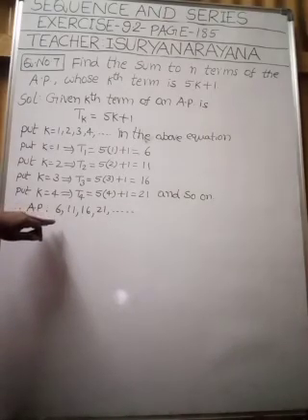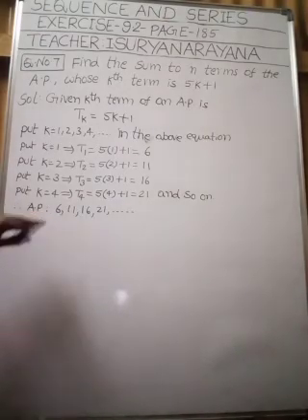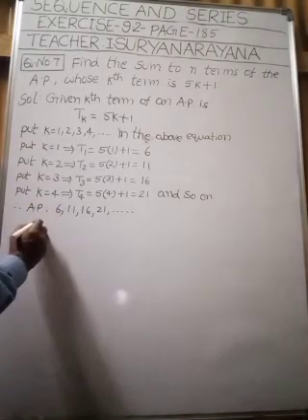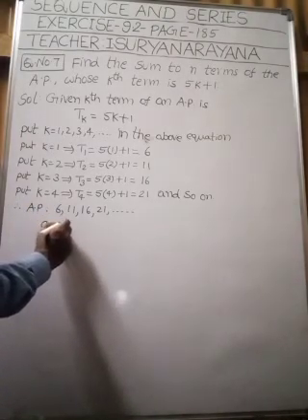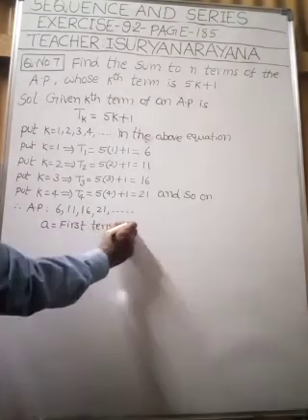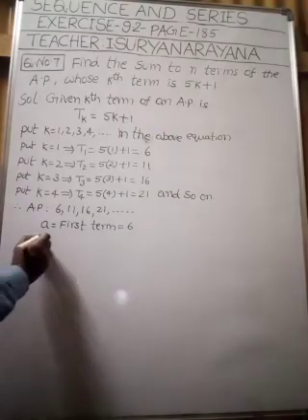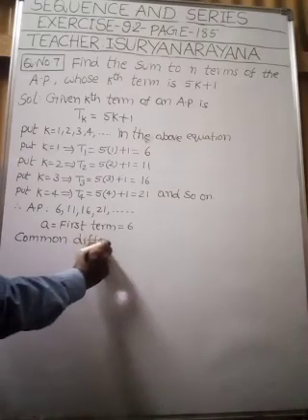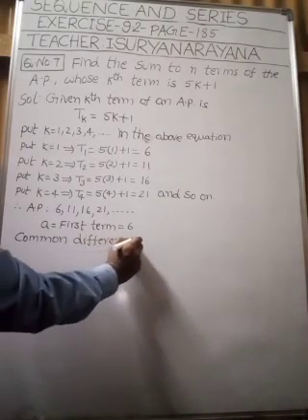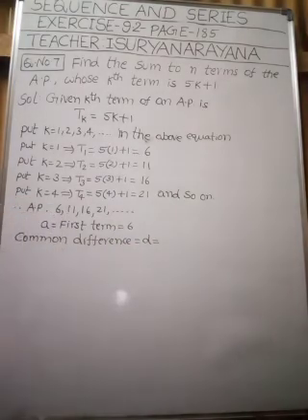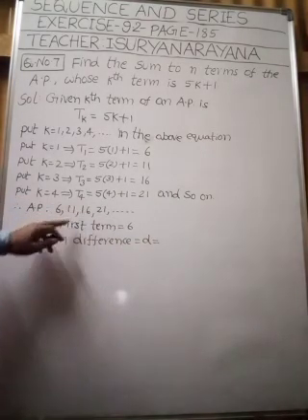So we got here, we wrote the arithmetic progression. Then what is the first term? A, 6. A is equal to first term, that is equal to 6. Now common difference. D is equal to, how do you find it, second term minus first term, or third term minus second term?